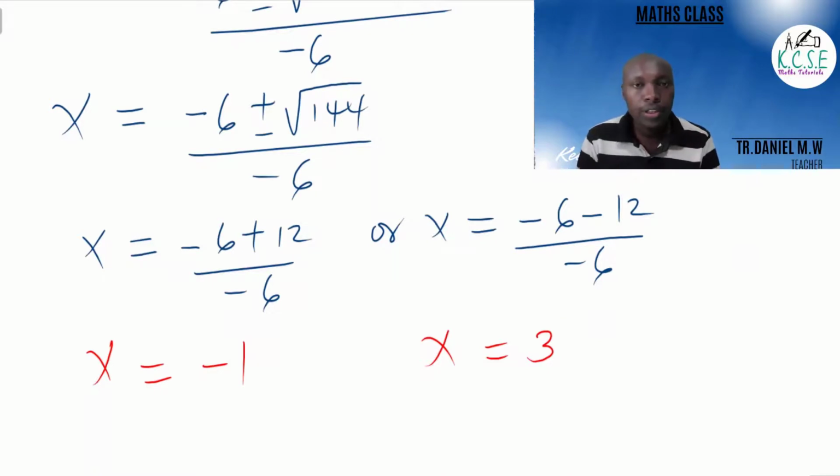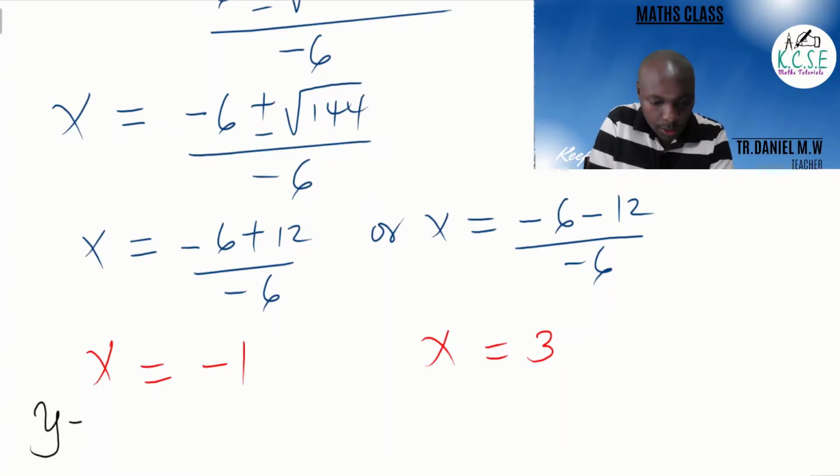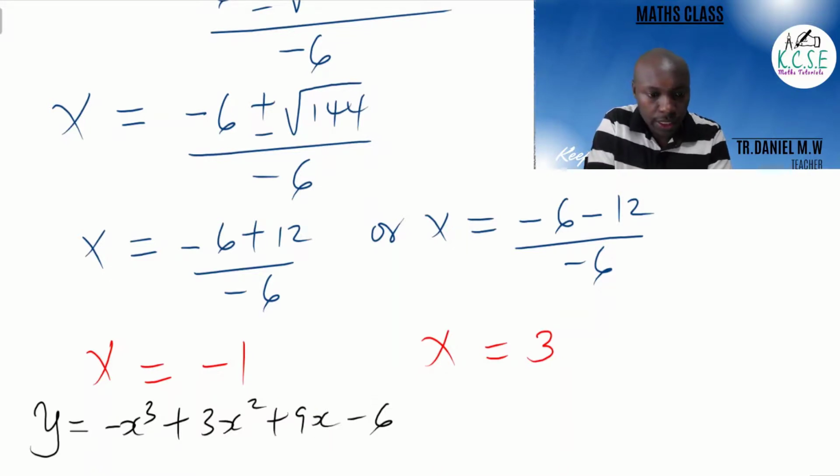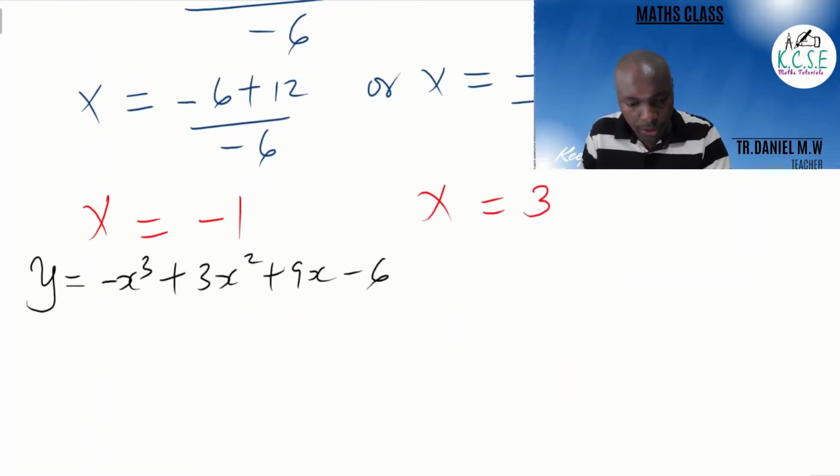Now to give the point, we need to give the point in coordinate form, that is x and y. So having got x is equal to negative 1, we need to remember our function. Our function is y is equal to negative x cubed plus 3x squared plus 9x minus 6. To get the y coordinate, we simply need to substitute.